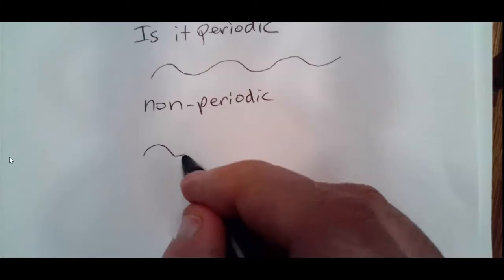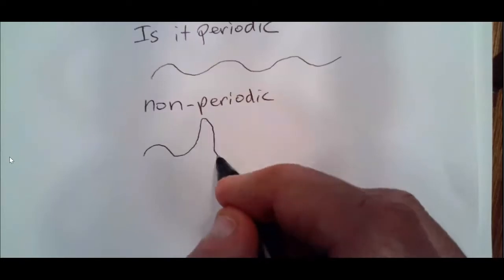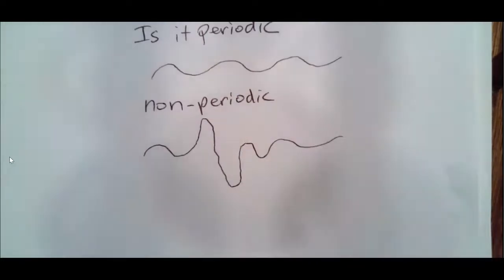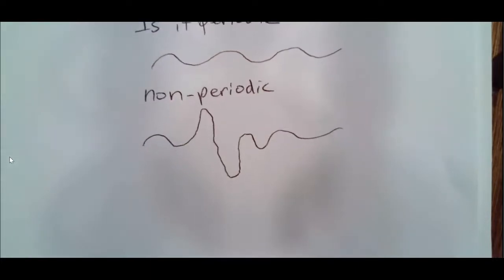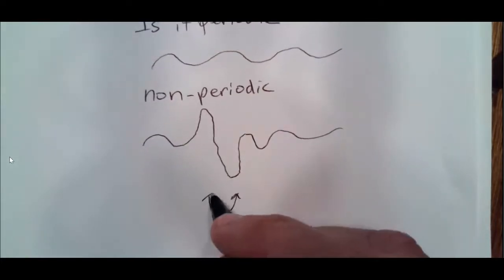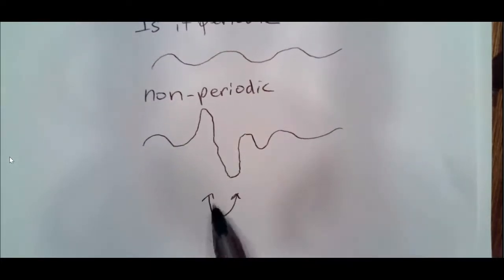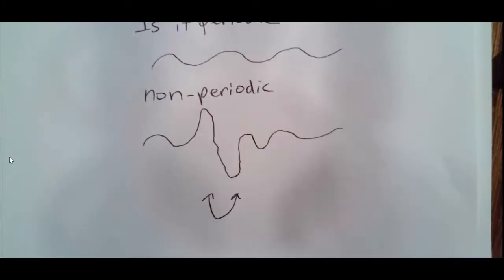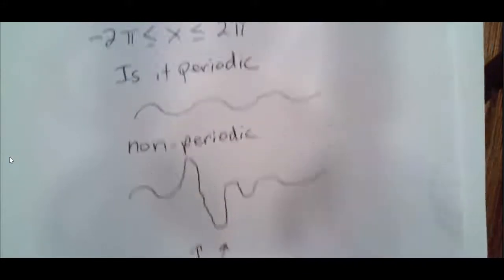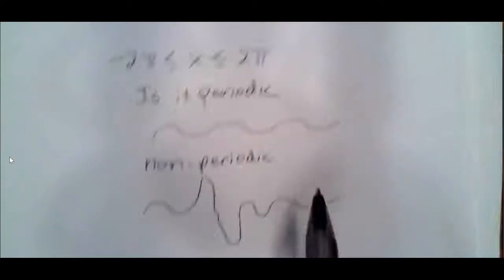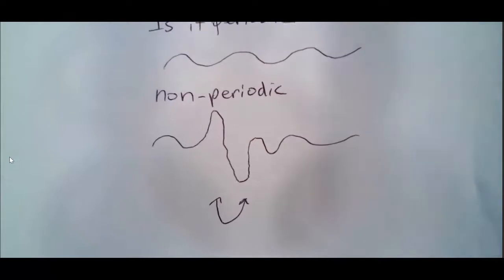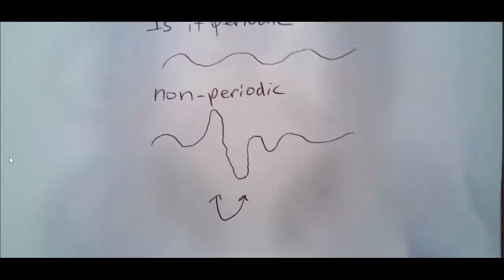If you're going along and then all of a sudden it gets narrow, dips down, does something weird, that's non-periodic. Or if you get a parabola, it's non-periodic because you're going to go up forever in each direction and it's not going to come back down forming a wave. So periodic, anything else, non-periodic. And we're going to compose these using your TI-84 calculators.